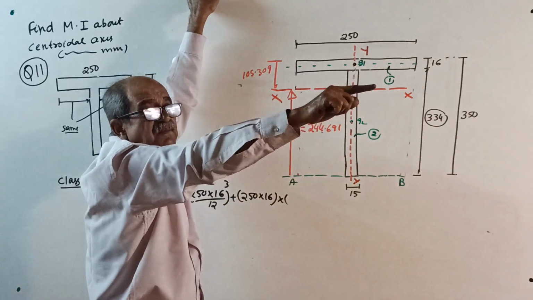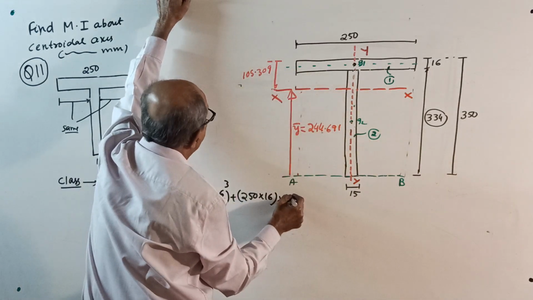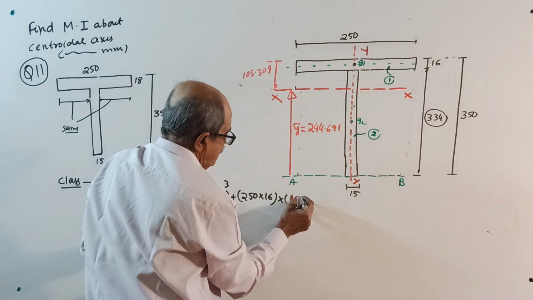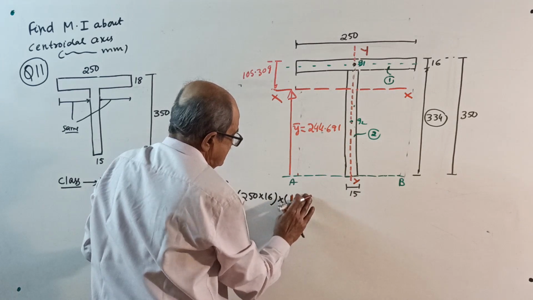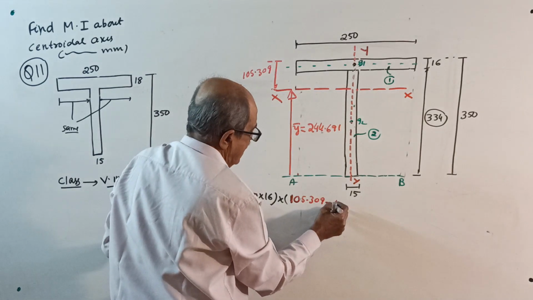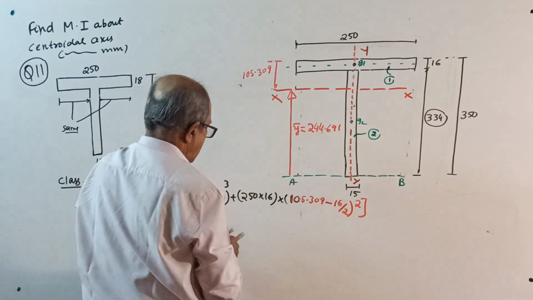Axis horizontal means distance vertical. From 105.309, subtract half of 16, that square. Okay, Ig over, and so on.